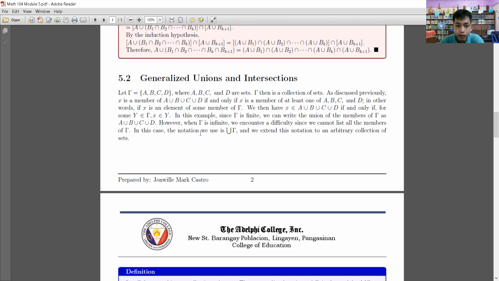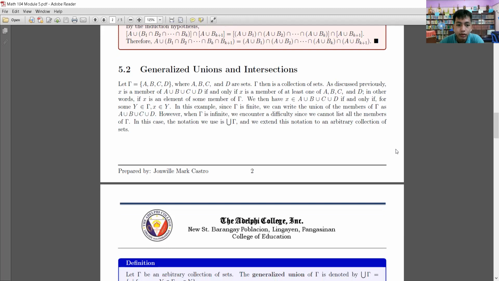However, when it is infinite, we cannot list all the members. So in this case, we will write this notation. So this will represent an arbitrary collection of sets. So the union of tau.